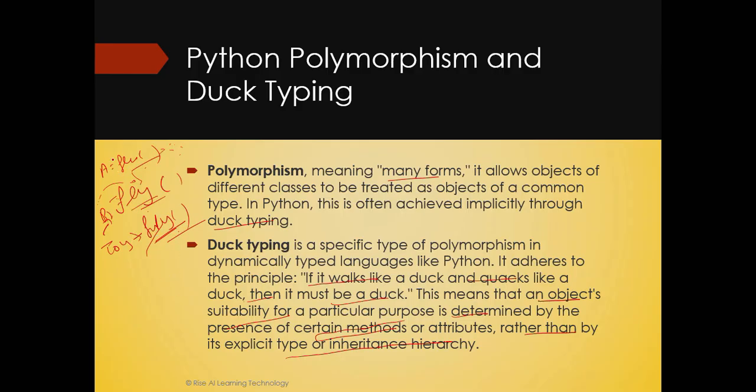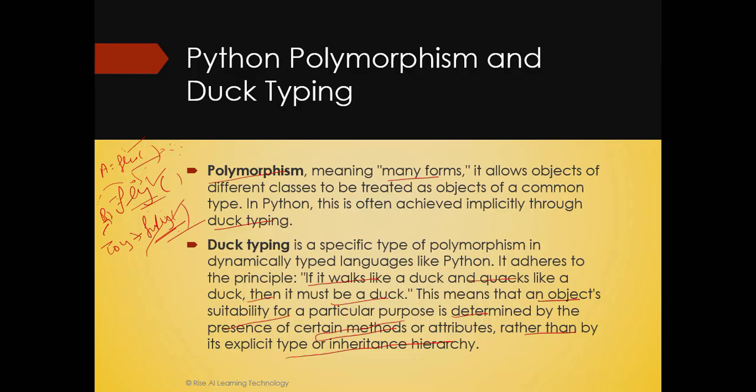We are just saying that if it follows the same method, then it's the polymorphism concept. Maybe it's not much clear here, but once we look into a practical example, you will get it more clearly, how we are achieving polymorphism and why we call it duck typing.